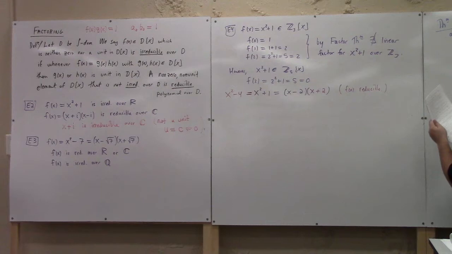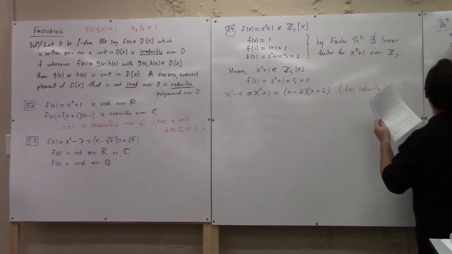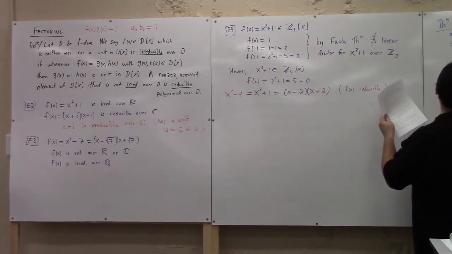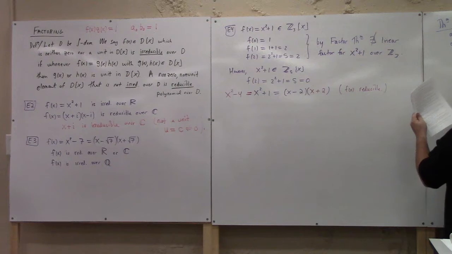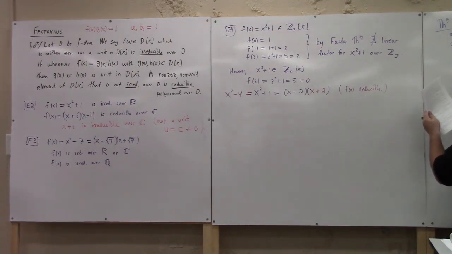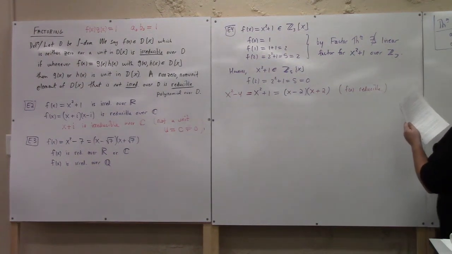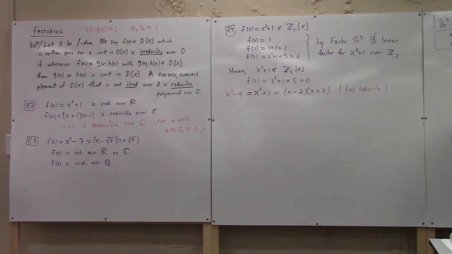Then f of x is reducible over F if and only if f of x has a zero in F. In other words, there exists a in F such that f of a equals 0. That's what it means to have a zero.